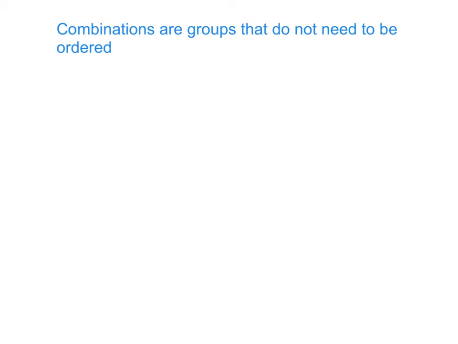Combinations are groups that do not need to be ordered. So in this particular example, those were examples of combinations and not permutations. Now, the formula we're going to use for this is really quite simple. It almost looks the same as the other section, except it is a C instead of a P, because once again, we're talking about combinations here. The difference between combinations and permutations is that with combinations, order does not matter.